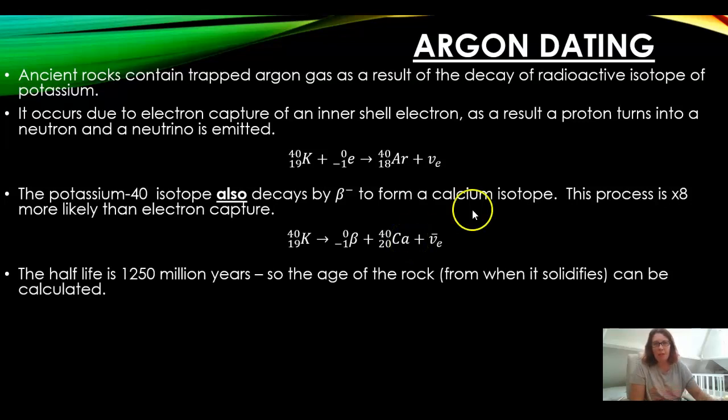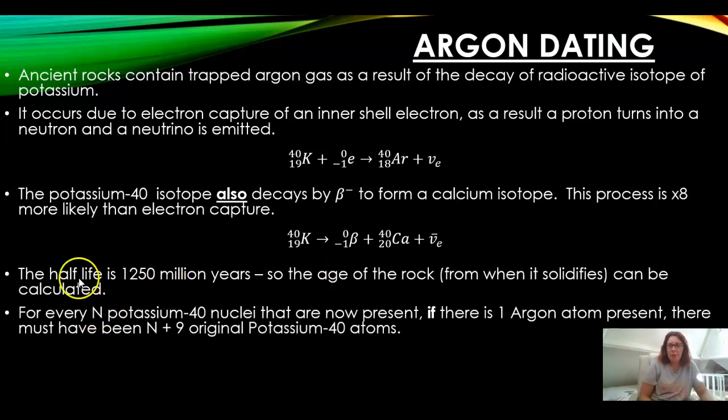Now, this half-life by beta decay is 1,250 million years. So you can see that it's not really suitable for living things because I'm not sure how long living things have been around, but not much longer than this. So the age of the rock from when it solidifies can be calculated. So we use this to age rocks.